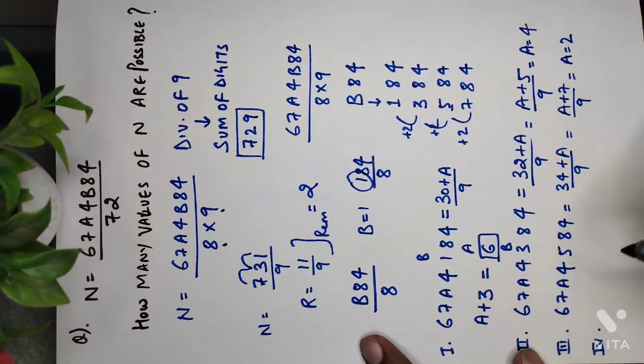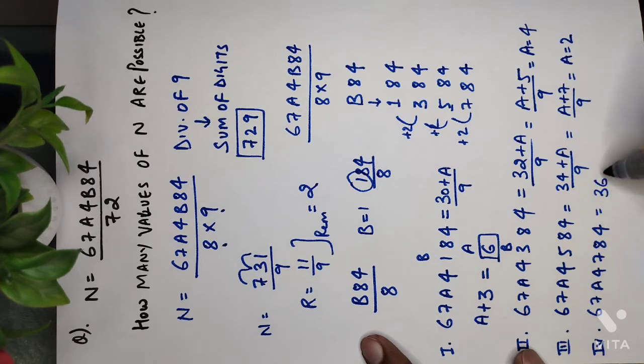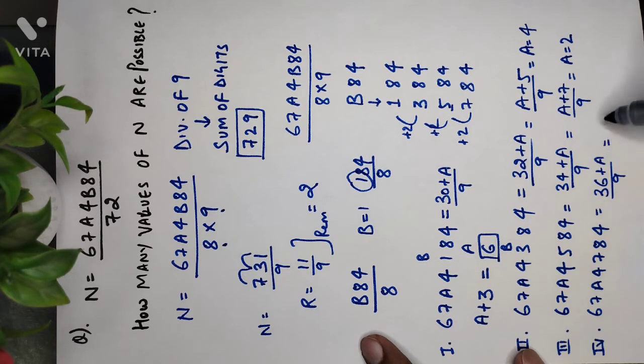Then fourth one is, if I keep b equal to 7, then this will be equal to 36 plus a divided by 9. Now as you can see, this 36 is entirely divisible by 9. I can say the value of a can be either 0, 36 plus 0 divided by 9, or it should be 9.